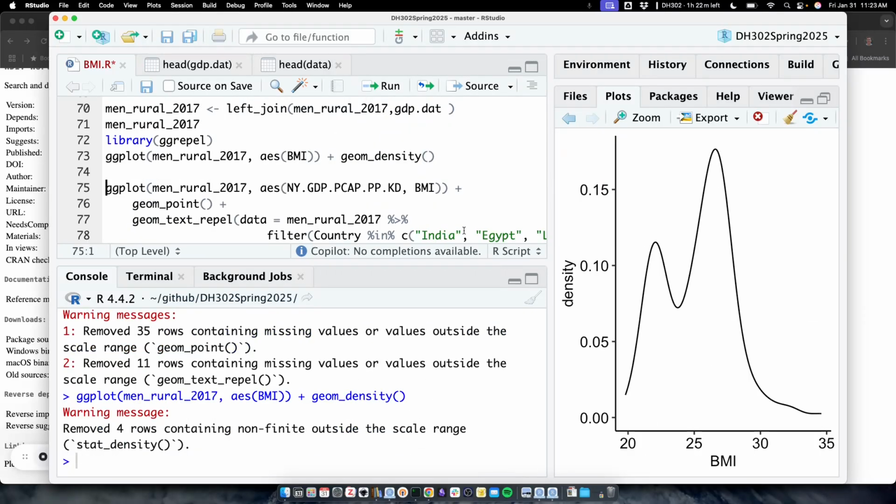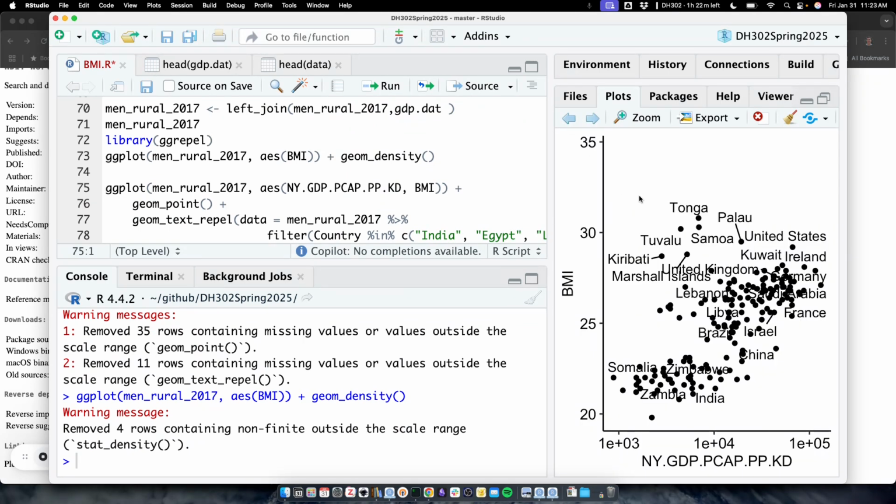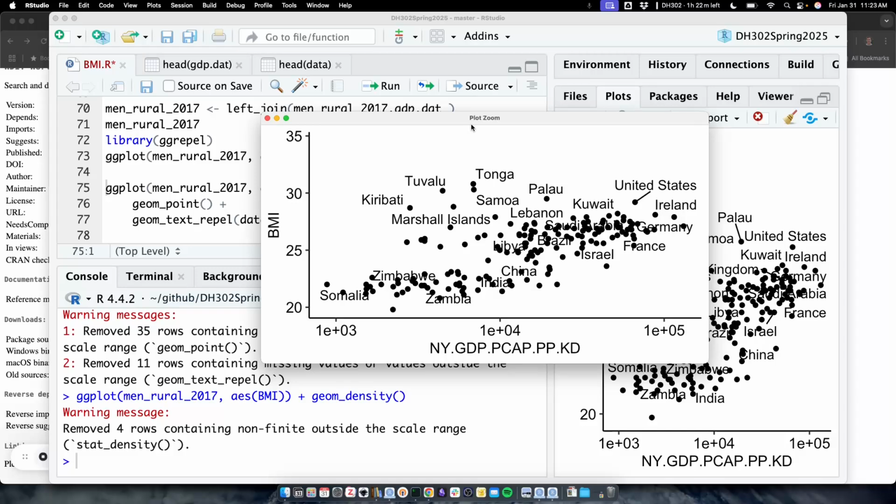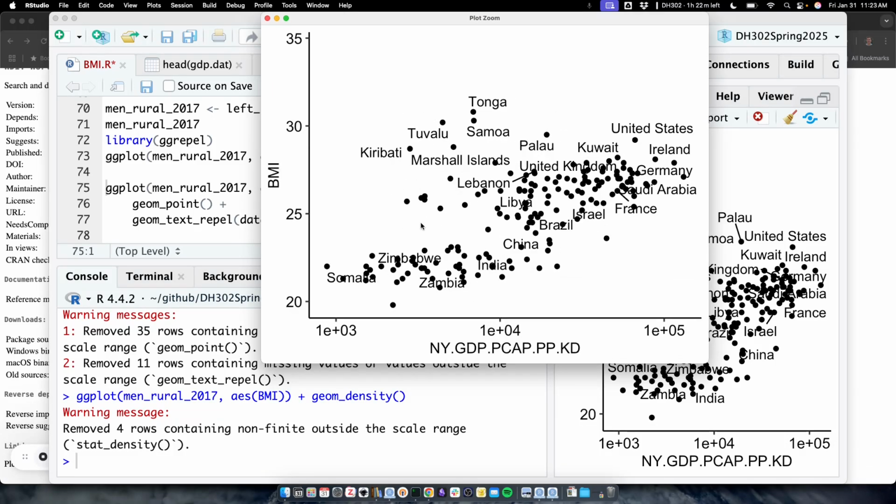It is coming because there are certain countries which have very low BMI. In this plot, these set of points that you're seeing here are the lower BMI. This pool of countries has higher BMI. So when you plot them just with respect to BMI, that appears as two modes.